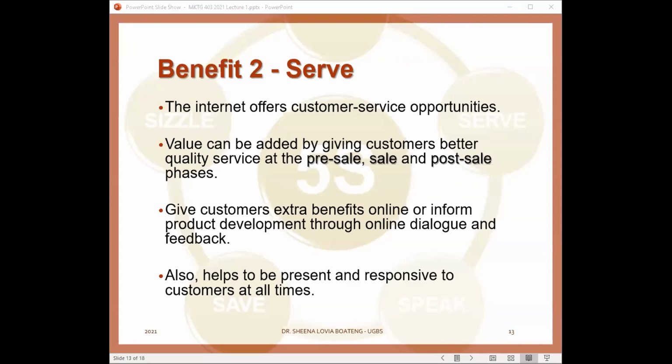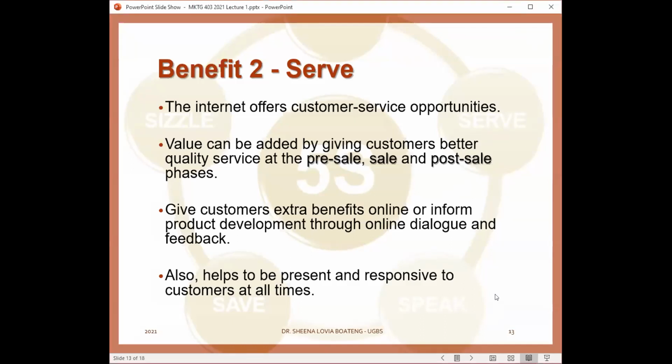Because with a click right now online, you can track your order right from when it leaves the shipper. But in the traditional context, it was hell trying to track an order, because there was no way you could physically know where your order had reached without the technology. So that is it for the serve dimension, right?